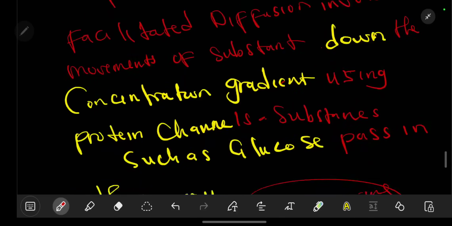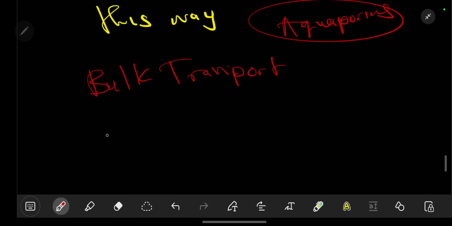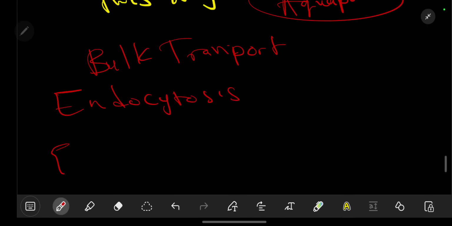The other means of transport that we have is what we are going to call bulk transport. When a substance is very, very large, it will pass through the process of bulk transport, which might involve endocytosis, or we might have what we call exocytosis. Just as the name entails, endo means inside.